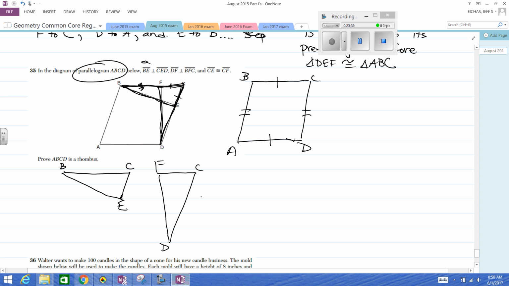Now they gave us what? Perpendicular, I missed that. That's what they've given us. BE is perpendicular to CED. Get that right angle. And DF perpendicular to BFC. So that's going to get us a right angle there too, but that's only two pairs of course.